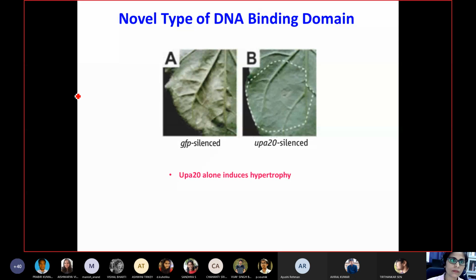That means AVR is upregulating a transcription factor that can bind directly to promoter sequences. So now, how to address this? People started to find out the role of UPA20 because it was a direct target of AVR genes.